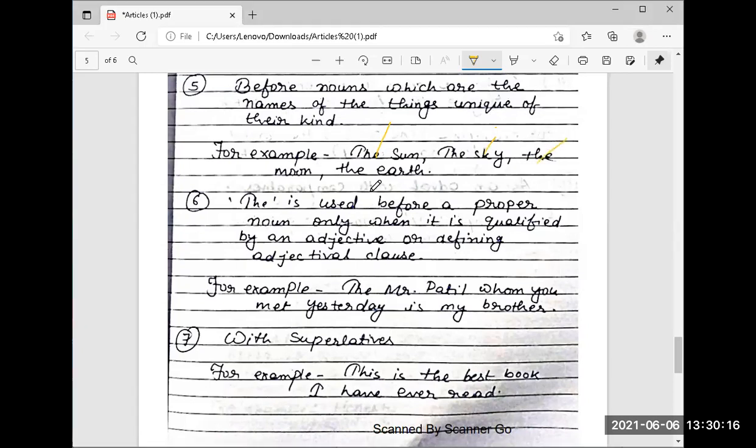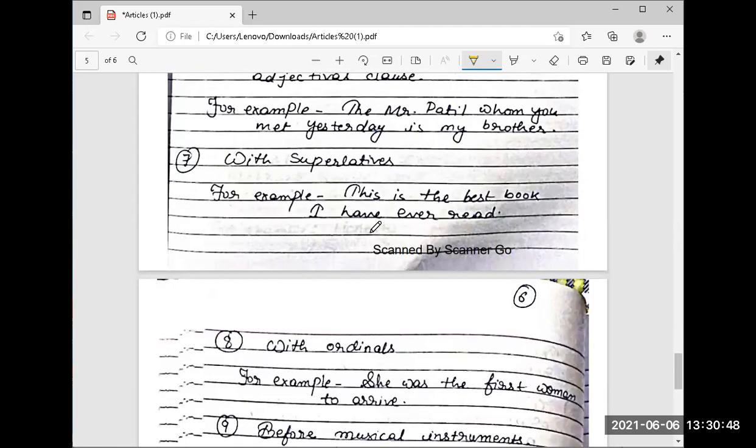Ma'am, the T is in small letter. T is also in a small letter, E is also in small letter. Okay. E will be in capital. E will be here in the capital.